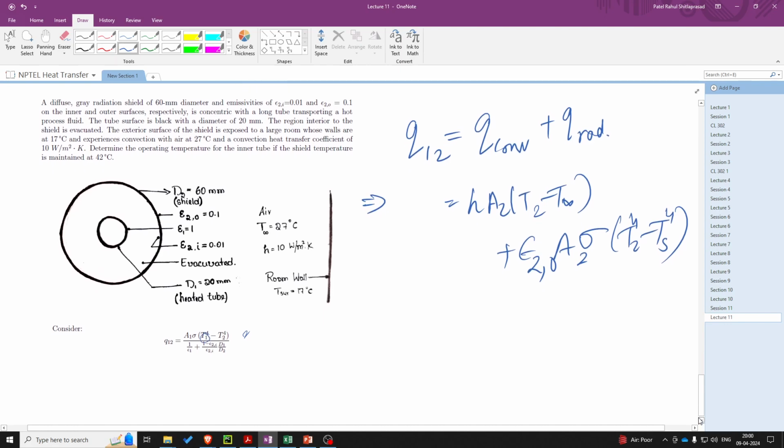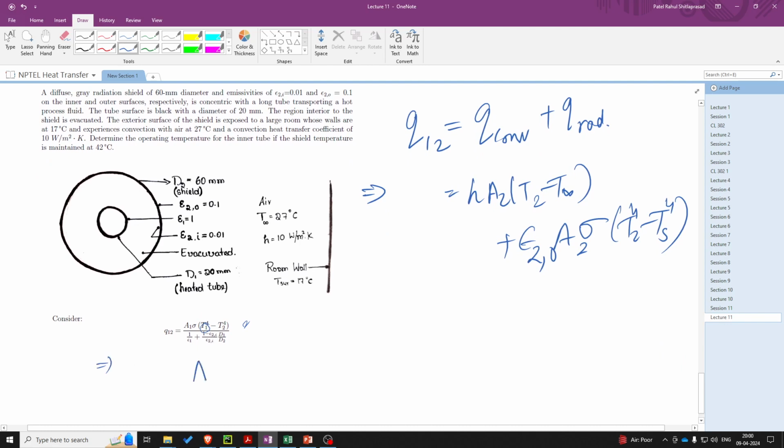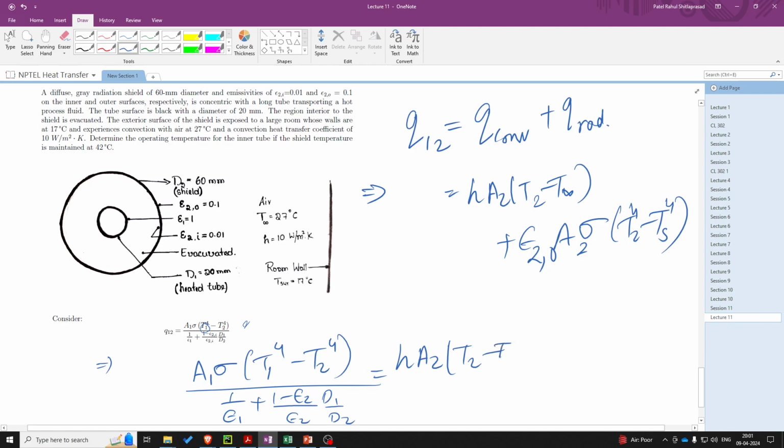So we can just equate this equation in order to find T1, that is equal to A1 sigma (T1 raised to 4 minus T2 raised to 4) divided by (1 over epsilon 1 plus ...). So from this equation, you need to put all the relevant values and then find the value of T1.